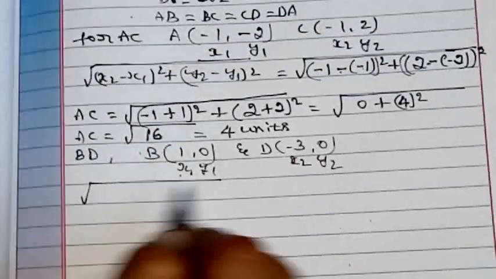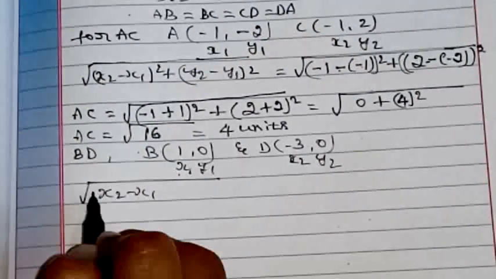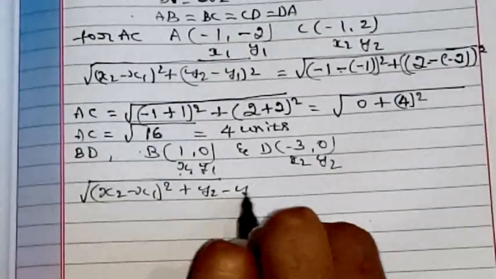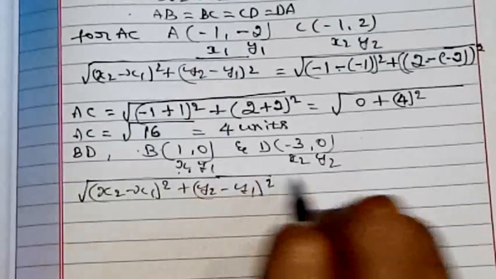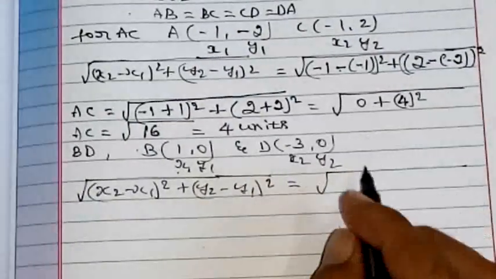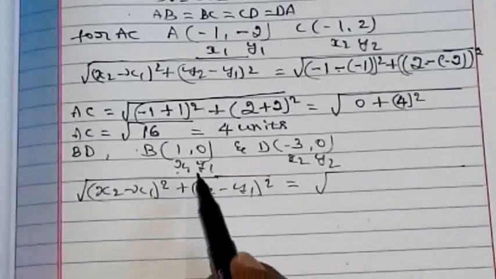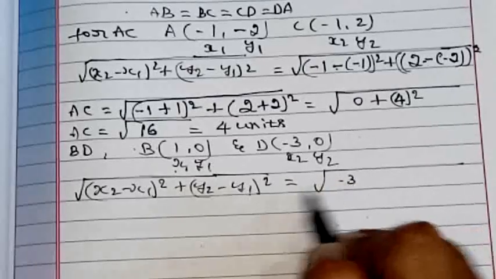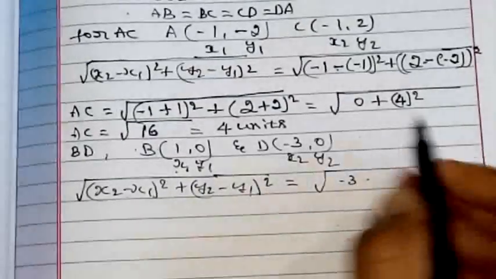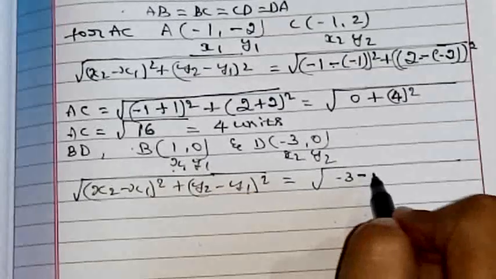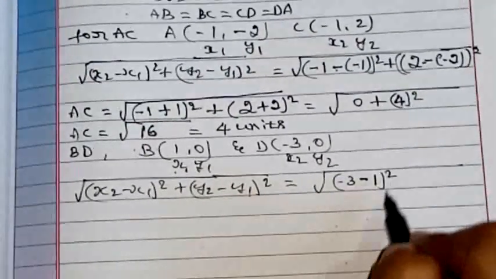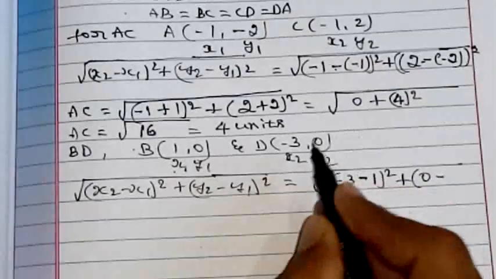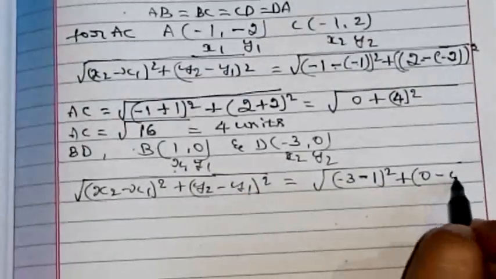So the square root of x2 minus x1 whole square plus y2 minus y1 whole square. Now apply the values. What is x2 here? x2 is minus 3, minus, what is x1? x1 is 1, whole square, right? Plus, what is y2? y2 is 0, minus what is y1? That's also 0 square.